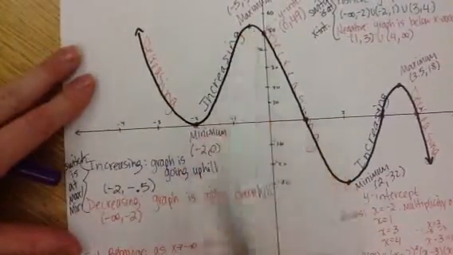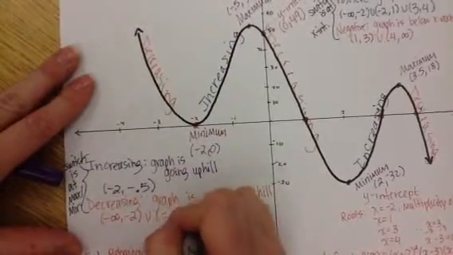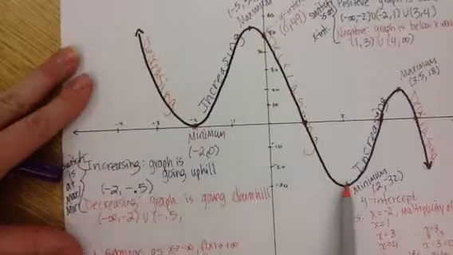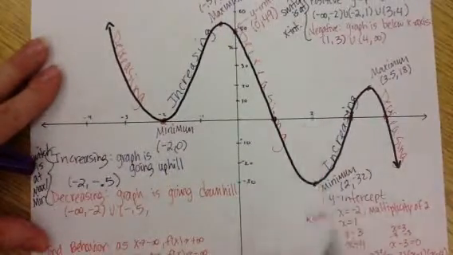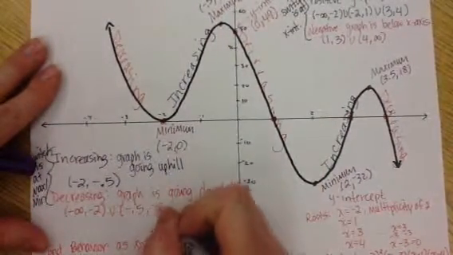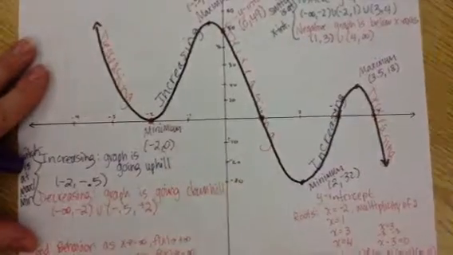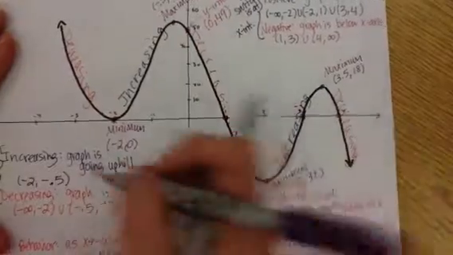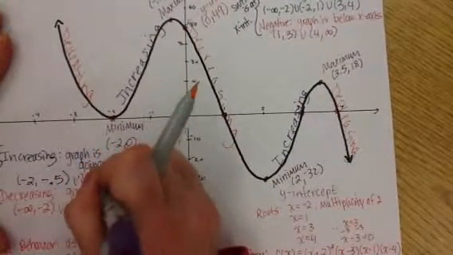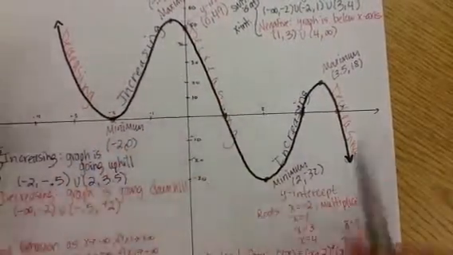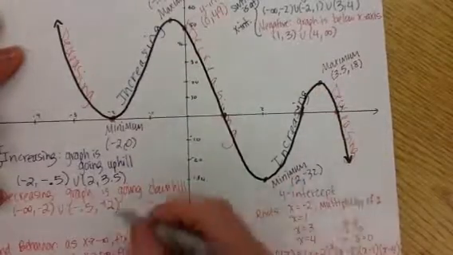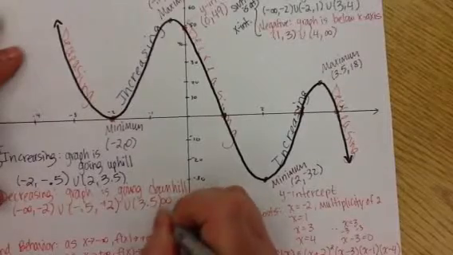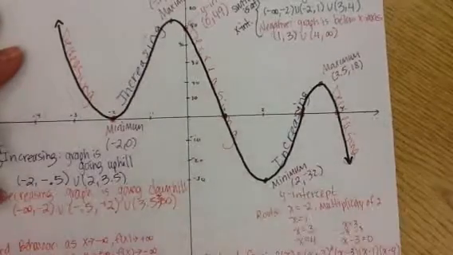And then it's decreasing starting at -0.5. It decreases until this turnaround, which is at x equals positive 2. It's decreasing, and then it's increasing from 2 to 3.5. And then it's decreasing again from 3.5 to infinity. That should be a comma. 3.5 to infinity.